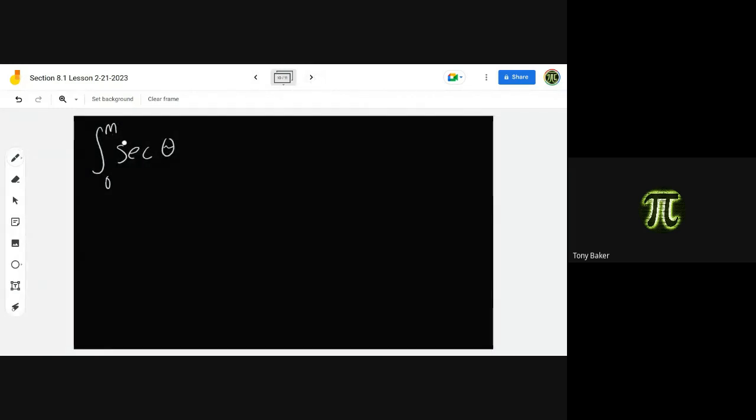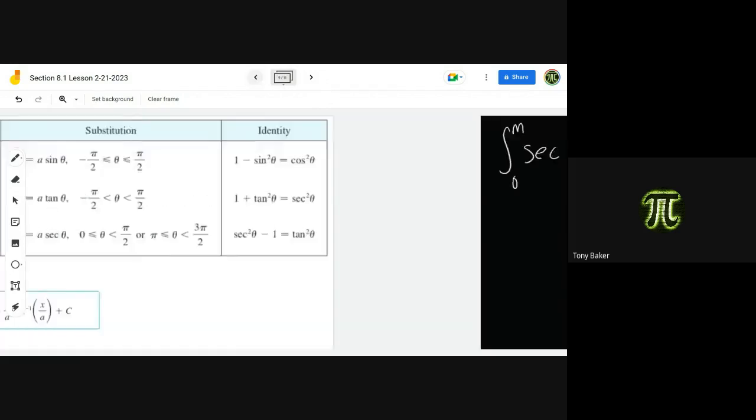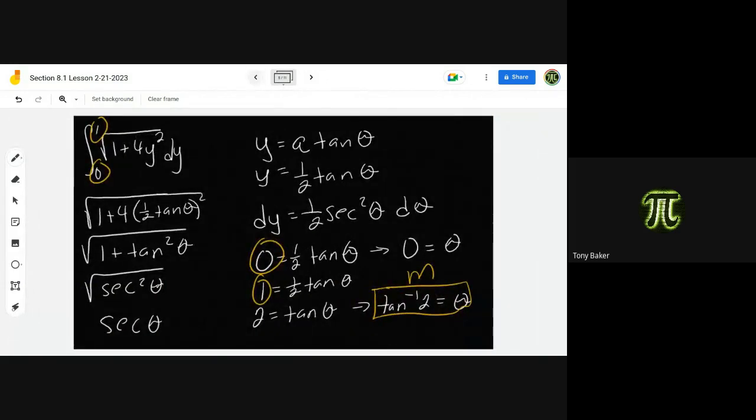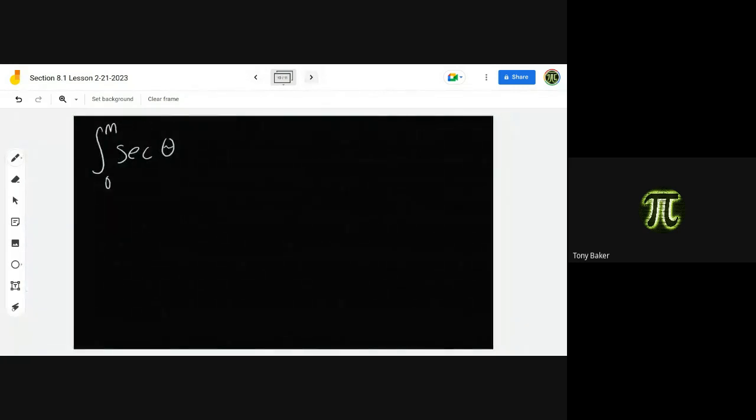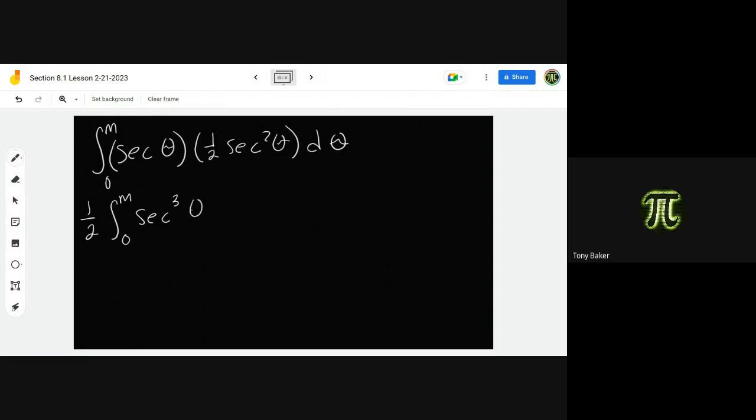All right, so the square root became secant theta. And my dy became 1/2 secant squared theta d theta. So I now have 1/2, 0 to m, secant to the 3rd theta, d theta.